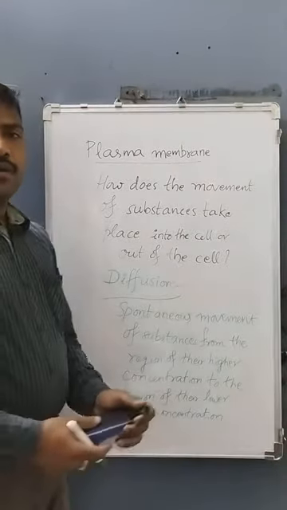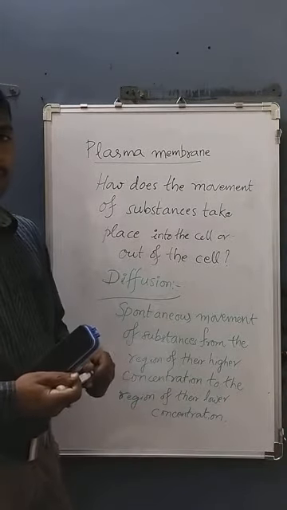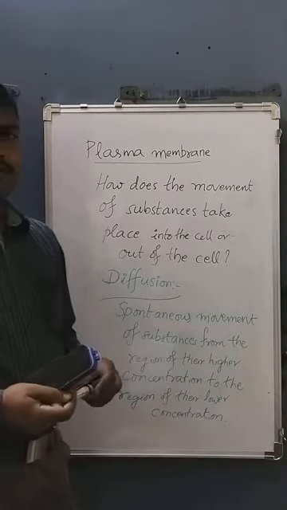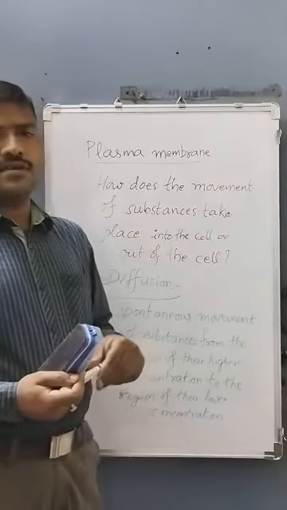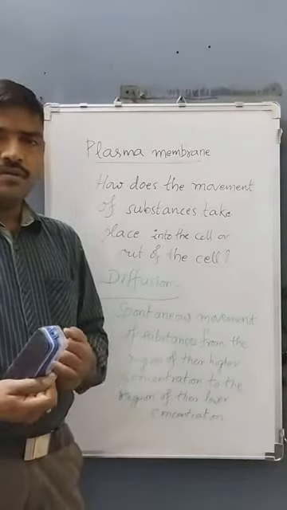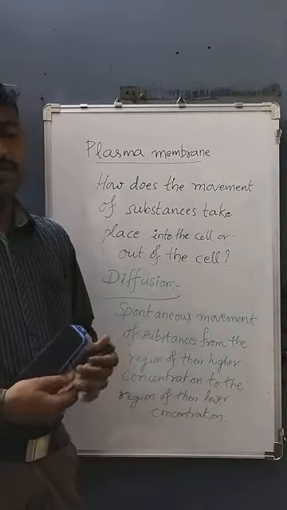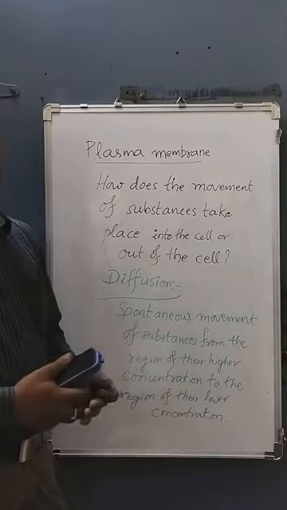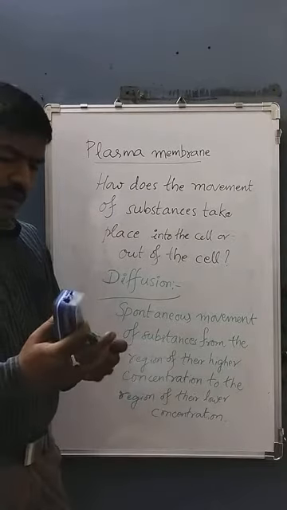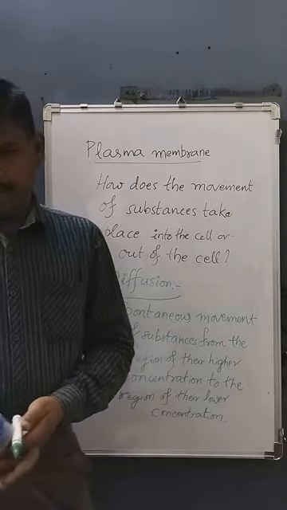Which substances generally get transported by diffusion? The respiratory gases, carbon dioxide and oxygen. These gases generally get transported by diffusion. And this diffusion is simply called gaseous diffusion, not any other thing. Right?